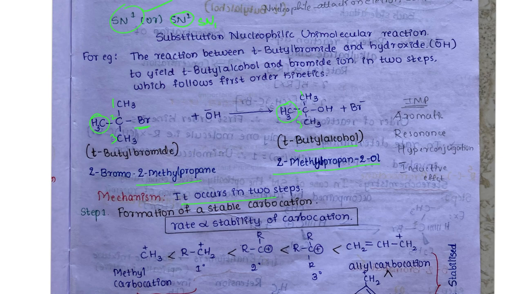The first step is the formation of a stable carbocation. Keep in mind, I am stressing this word here, stable carbocation. That's why I mentioned it here in the box: rate is directly proportional to the stability of the carbocation. That's why we want only a stable carbocation. Then I have given here the stability of the carbocation.